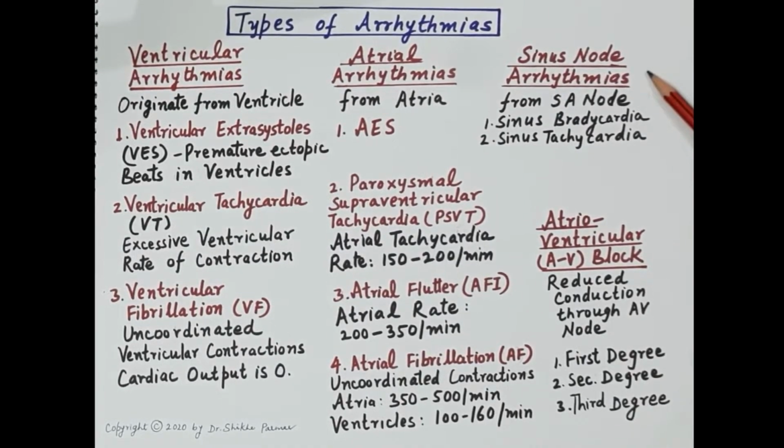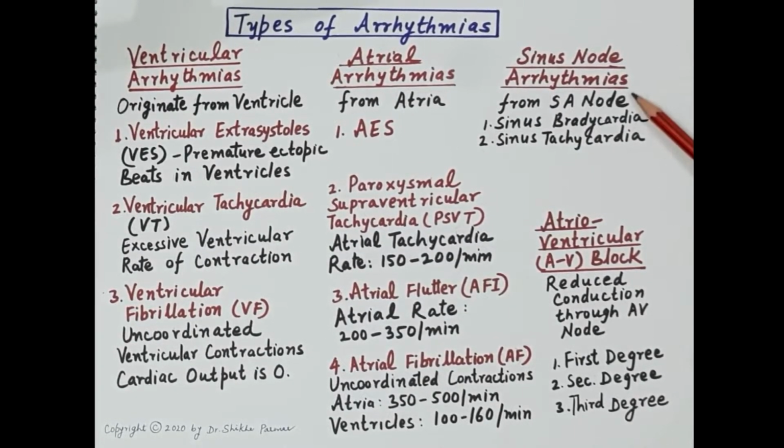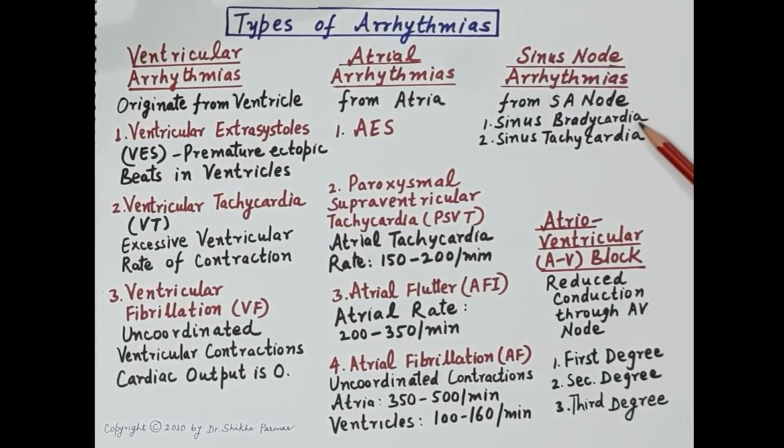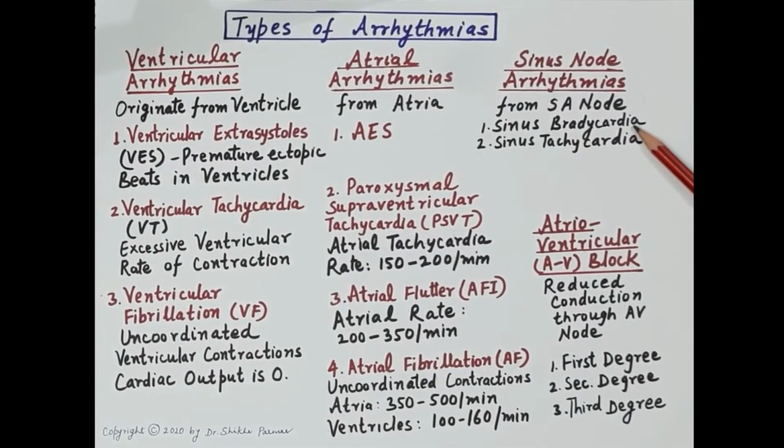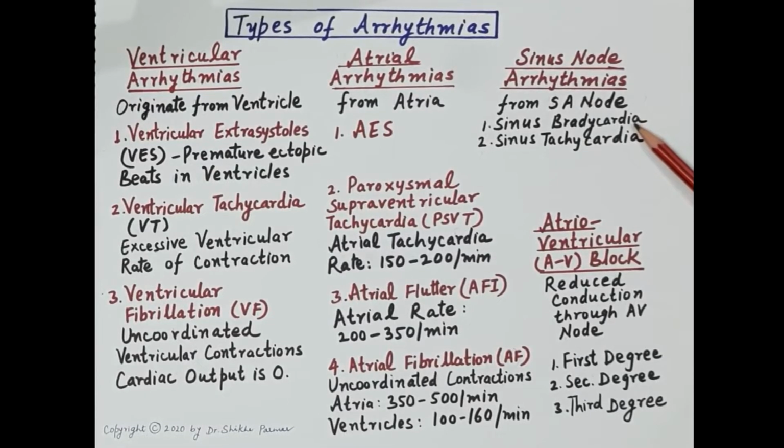Now when we talk about sinus node arrhythmias, these generate from the SA node. There is abnormality of the SA node. It is of two types: sinus bradycardia, where the generation of impulses by the SA node is at a rate of less than 60 beats per minute, and that results in sinus bradycardia.